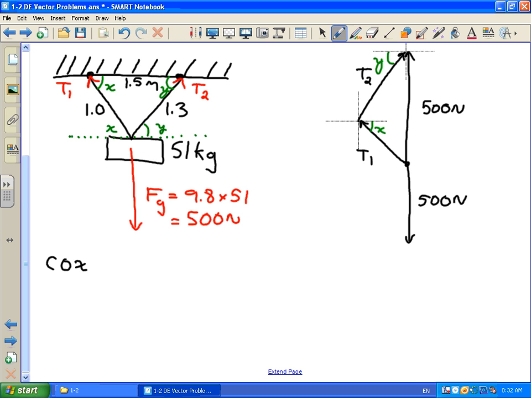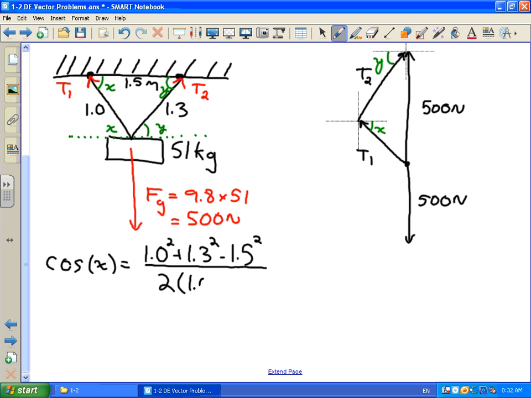So cosine x is going to be, let's see, it's the one sides on either side, so 1.0 plus 1.3 minus 1.5, all of those are squared, divided by 2 times 1.0, 1.3. Nope, and I've done that incorrectly. X has got to be, let's fix that.